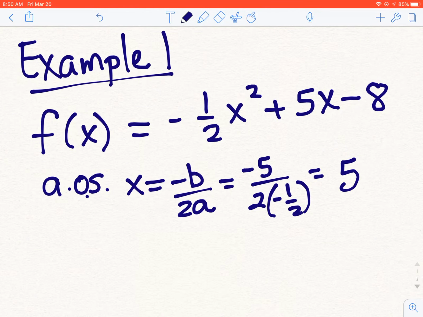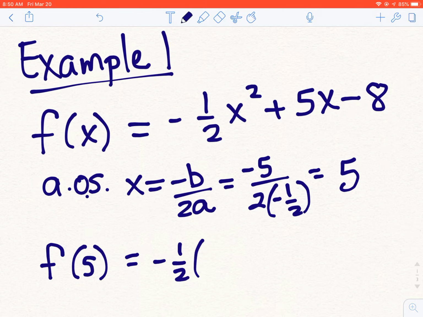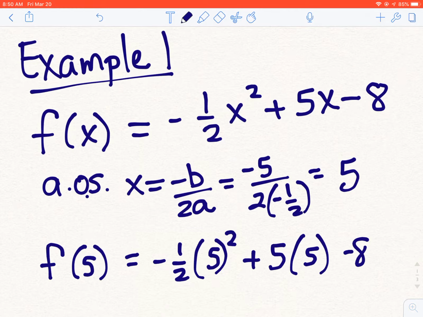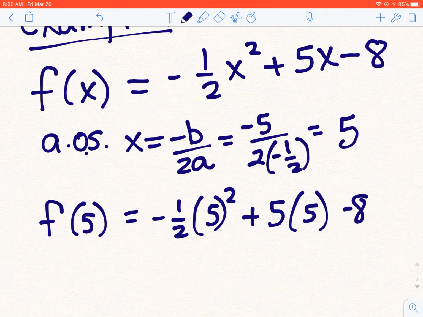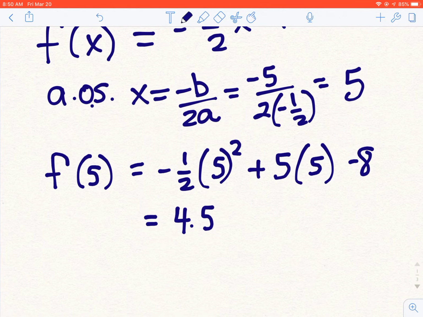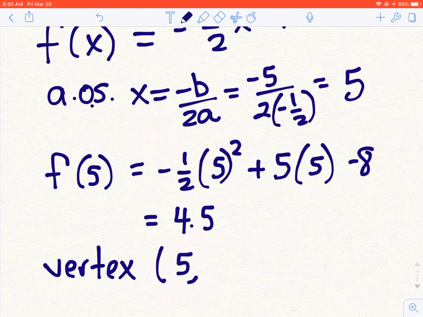So now I have to find the y value by doing f of 5. So f of 5 equals negative 1/2 times 5 squared plus 5 times 5 minus 8. And if I use my calculator for that, it says that that's going to be 4.5. So my vertex is the point 5, comma 4.5.